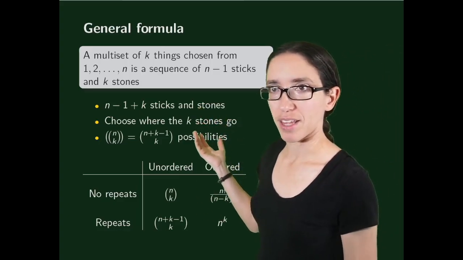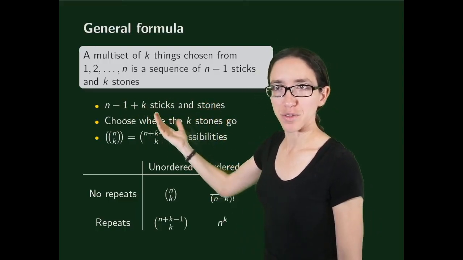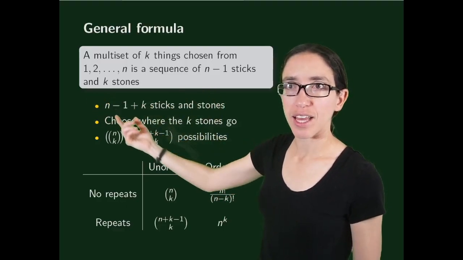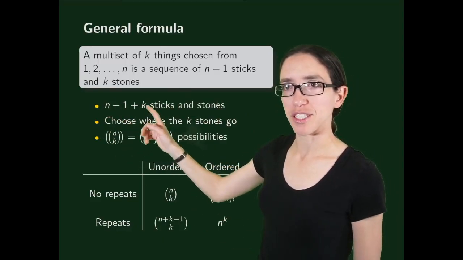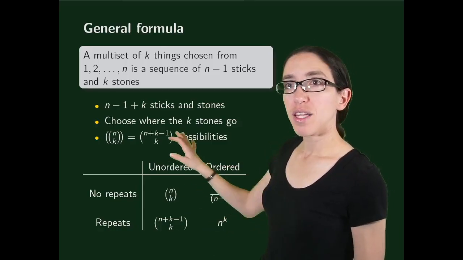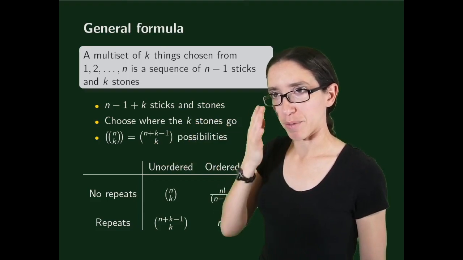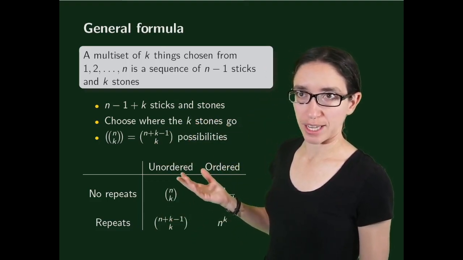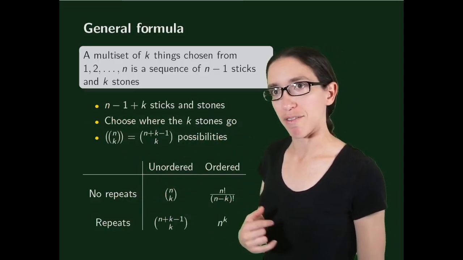A multiset of k things chosen from 1 through n is a sequence of n-1 sticks and k stones. So the total number of sticks and stones is n-1 plus k. So we have a sequence of n-1 plus k total things. Sometimes we rearrange this and write it as n plus k minus 1 just to make it look a little nicer. And then we want to choose where the k stones go. So another way of doing our overcounting and dividing by factorials that we did on the previous slide is to say that we're actually just choosing among the n plus k minus 1 positions which k positions have the stones.